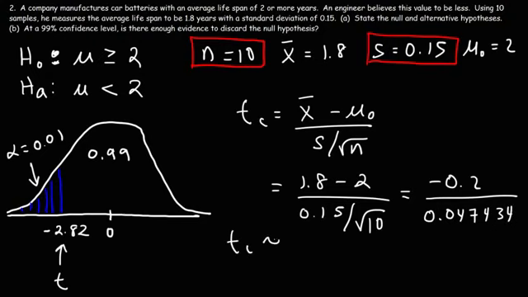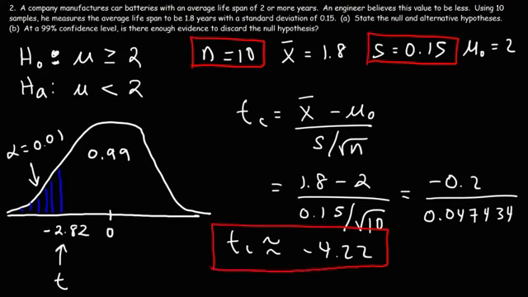So dividing those two numbers, our calculated t-value is going to be approximately negative 4.22. So if we compare our calculated t-value with the critical t-value, would you say we need to reject the null hypothesis, or should we fail to reject or accept the null hypothesis? What would you say?